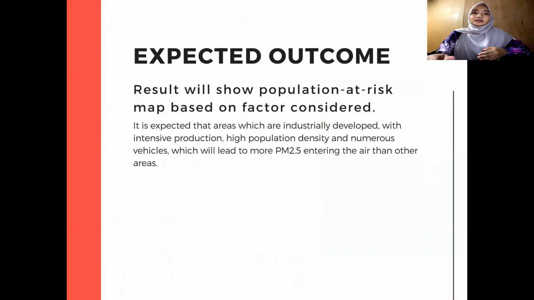Next is the expected outcome. The result will show a population at risk map based on factors considered, and it is expected that areas which are industrially developed with intensive production, high population density, and numerous vehicles will lead to more particulate matter entering the air than other areas.